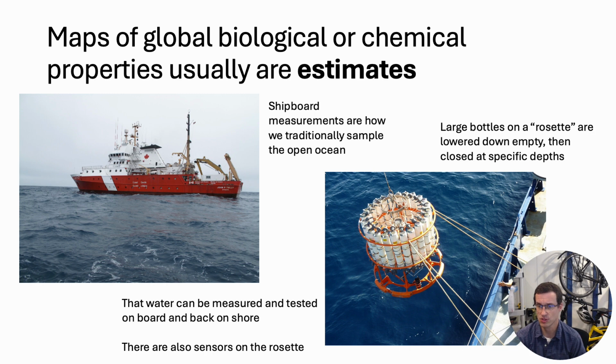So this rosette has 24 bottles, and so you can sample at 24 depths and take the water up to the ship and then do your measurements, which is for some things quite easy, for other things a lot more difficult. I do a lot of oxygen measurements. You have to be really careful you don't get atmospheric contamination. And you also can have sensors on the rosette, so those will be making measurements as the CTD goes down and as it comes back up.